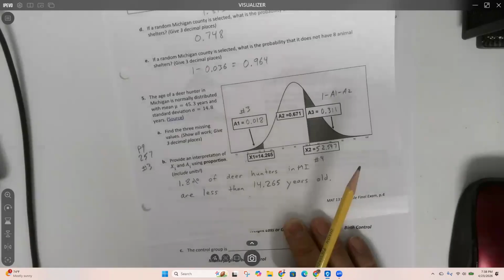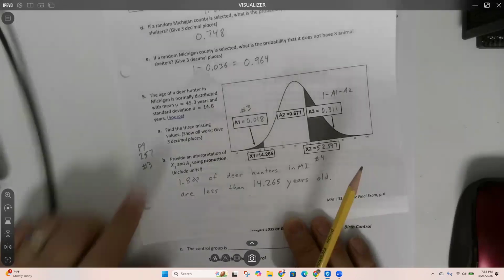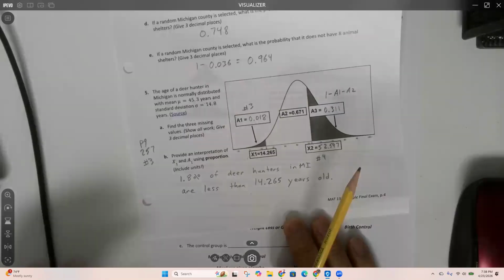So those would be good ones to write on your 8.5 by 11 piece of paper if you want it in front of you. Page 257, yeah, you had to write it out.